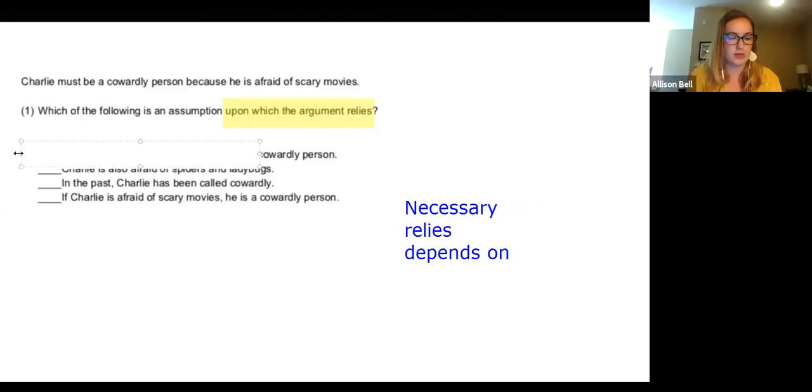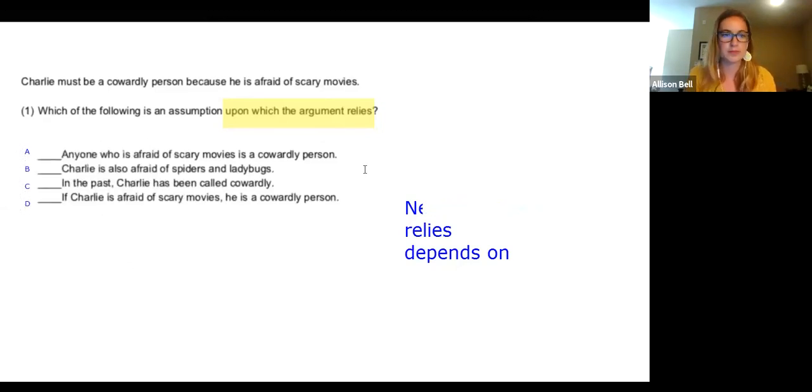I'll label them A, B, C, and D in just a moment, but go ahead and start thinking about it. And I see a few people already put in their answers in the chat window, so feel free to do that when you're ready.